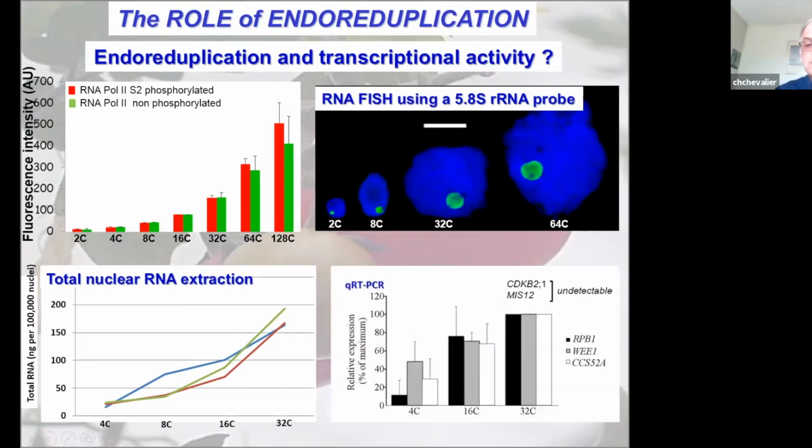And this is also true if you do some gene expression studies using Q reverse transcription PCR on some genes, and we clearly see here an increase in the gene expression according to the ploidy level. So clearly, endoreduplication induces more activity at the transcription level.